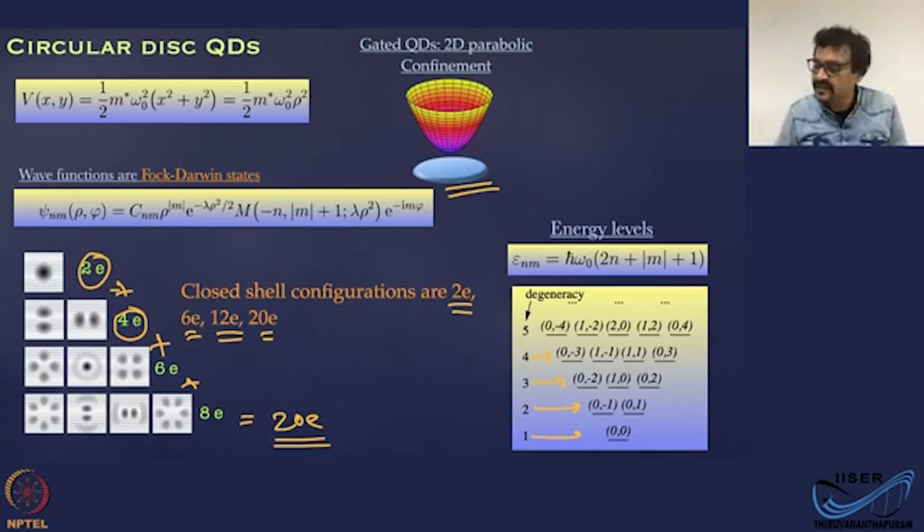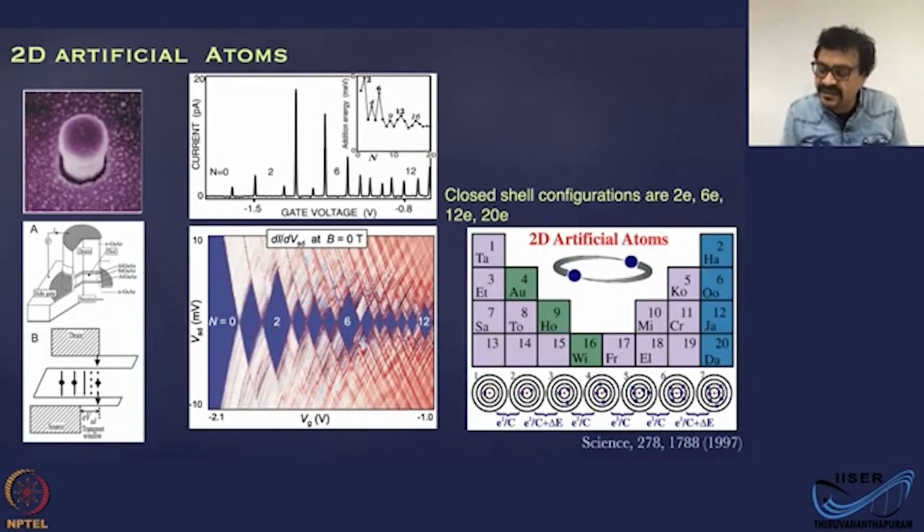Okay, and that is what they have seen here. You can see that 1, 2, once you have 2 electrons, then the gap is more, because you have an extra delta En here.